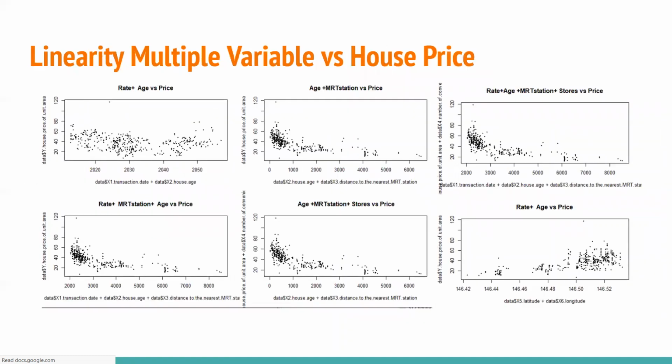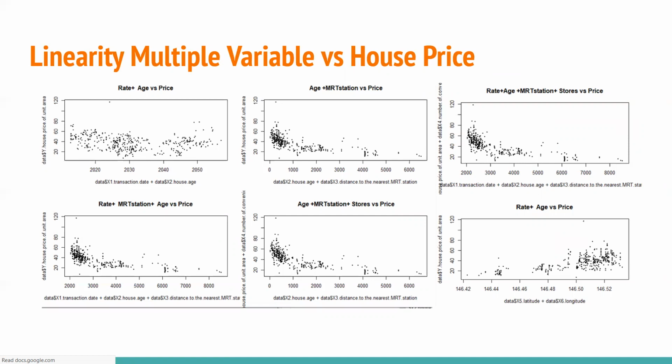The slope for that prediction was a negative slope, and the intercept was a positive intercept. Furthermore, the linearity of multiple variables versus a house price. So we compare and cluster together some of the variables and compare them to the house price, making a multiple regression model of each one as well.